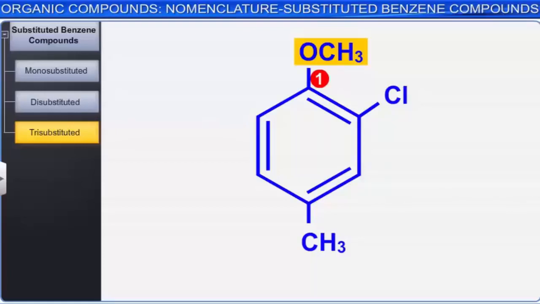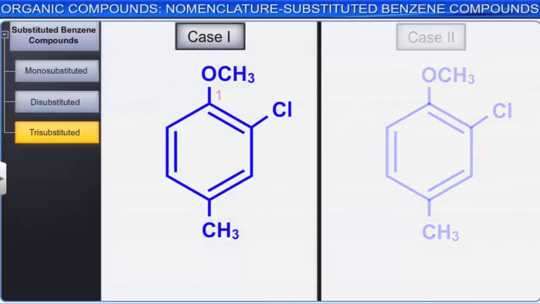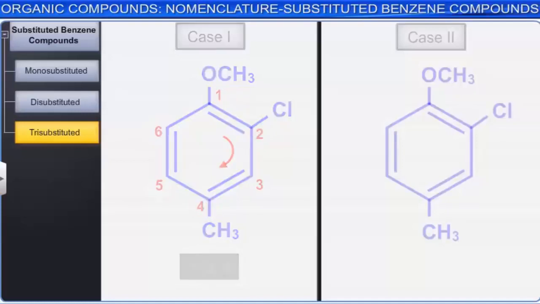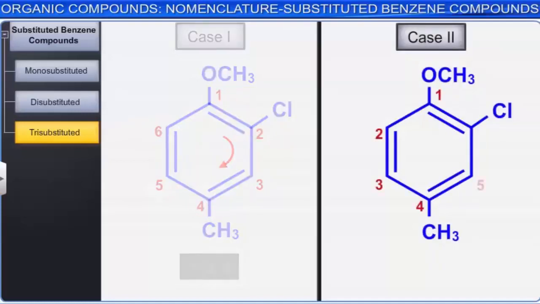Then, the direction of numbering is chosen in such a way that the next substituent gets the next lowest number. In case 1, the numbering is done in the clockwise direction. Thus, the next substituent gets the position 2. Hence, the positions of the substituents present are 1, 2, and 4. In case 2, the numbering is done in the anticlockwise direction, and the substituents get the positions 1, 4, and 6.